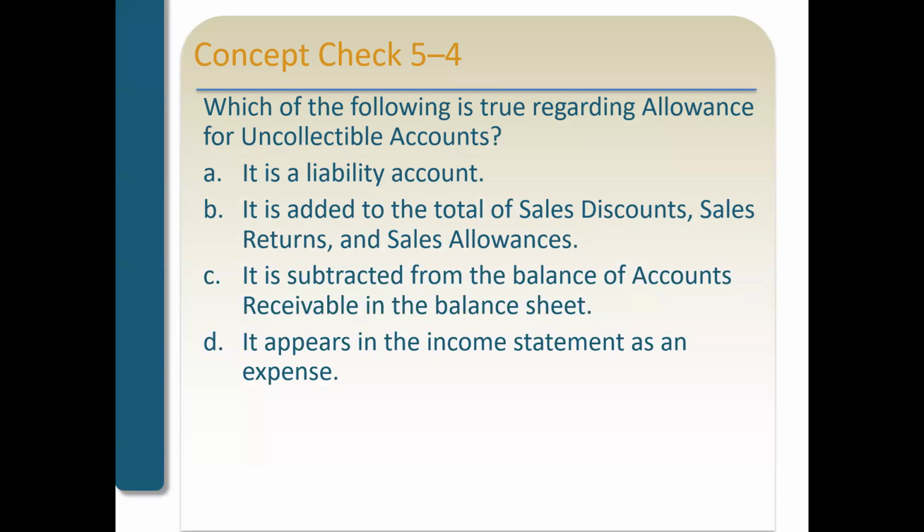Who wants to take this one? Which of the following is true regarding allowance for uncollectible accounts? It is a liability account. It is added to the total of sales discounts, sales returns, and sales allowances. It is subtracted from the balance of accounts receivable in the balance sheet.